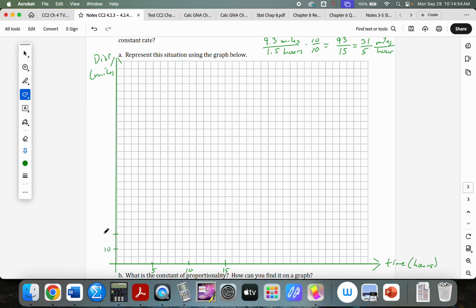That would be 10, 20, etc. So we figured out that at 15 hours, it would be 93.